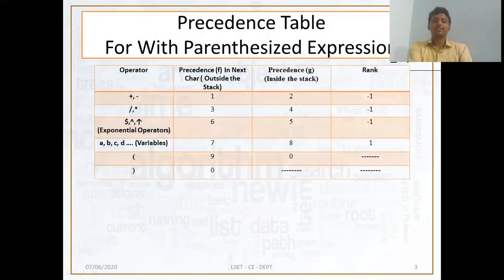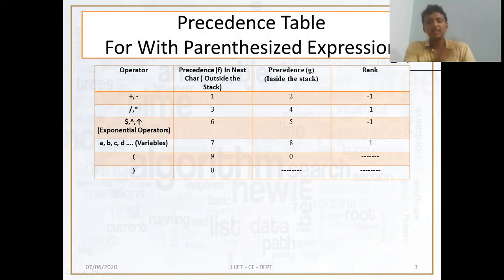Here, in the with-parenthesized expression, that means your expression contains brackets, like (a plus b), (b plus c), (d minus e). Such types of brackets are contained by the expression, so it is very much emphasized on brackets.